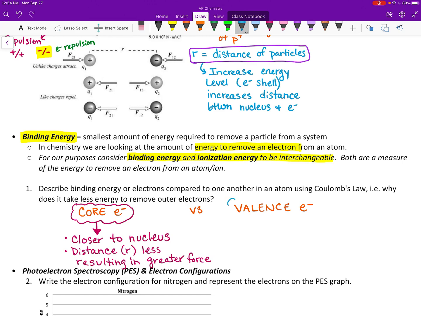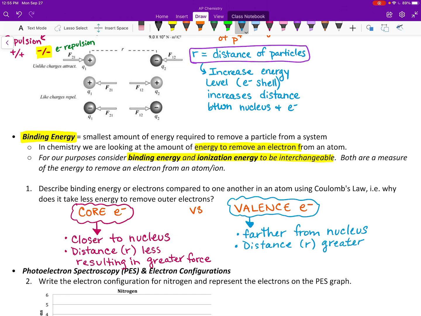The opposite is the case for valence electrons. For our valence electrons, we know that they are further away, farther from the nucleus, which means that distance, that R value, is greater, resulting in less force.